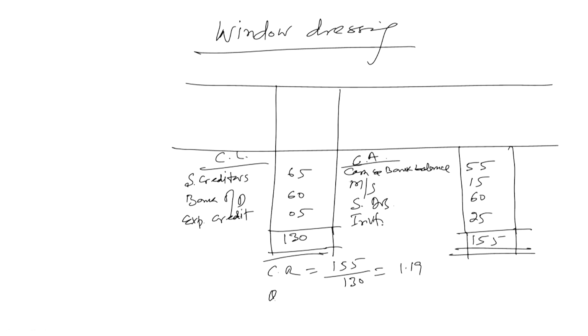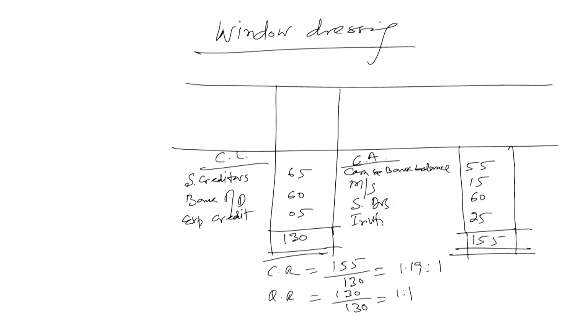And what is the quick ratio? The quick ratio will be current assets minus inventory, which is 130, and current liabilities are to be taken as 130. So, 130 divided by 130, this will be 1:1 quick ratio, right.